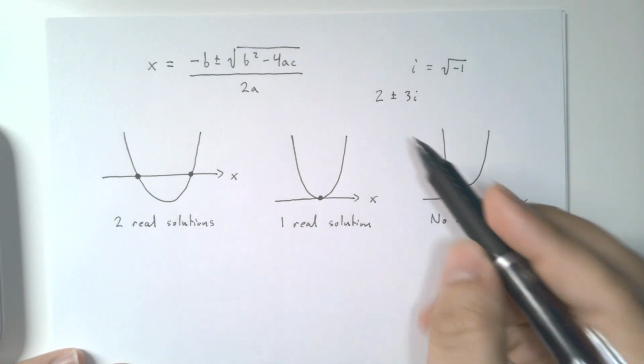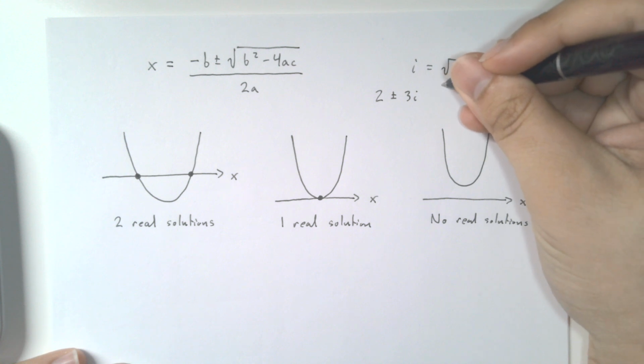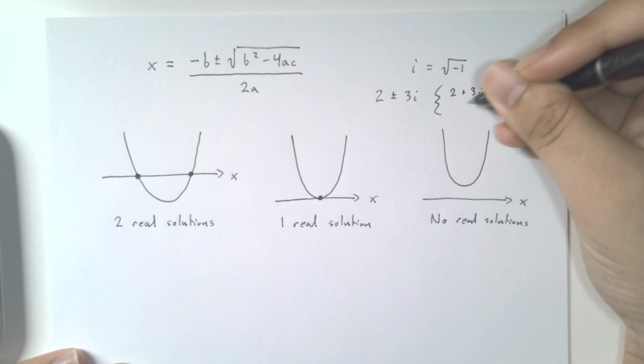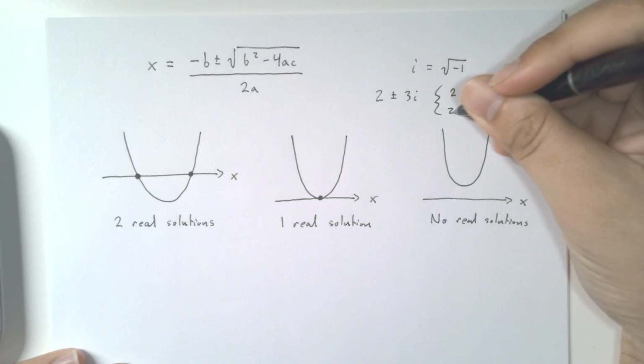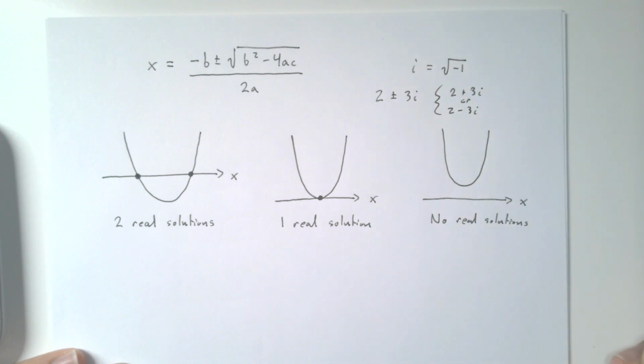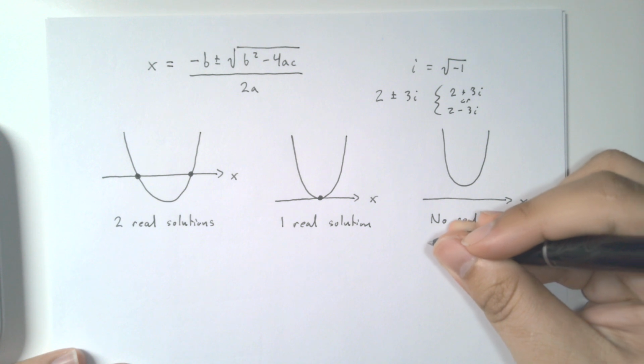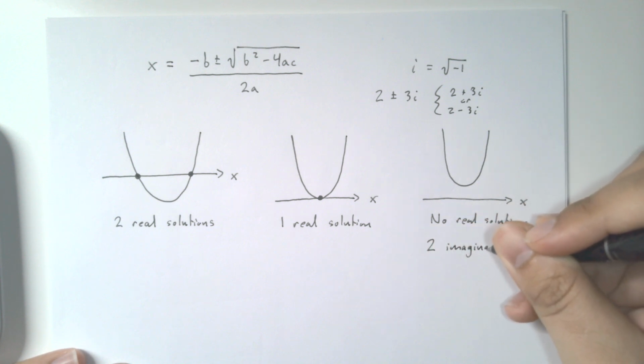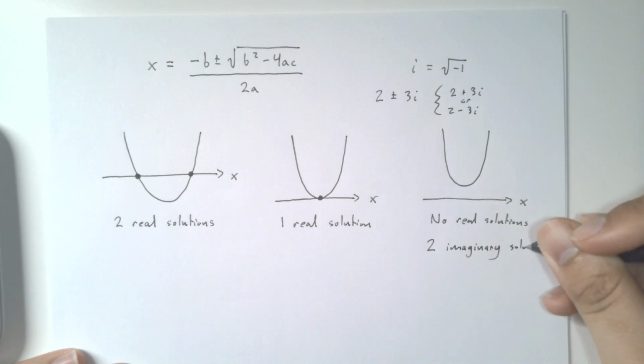This plus or minus really means that we have 2 plus 3i or 2 minus 3i. And this one, we would say that it has two imaginary solutions.